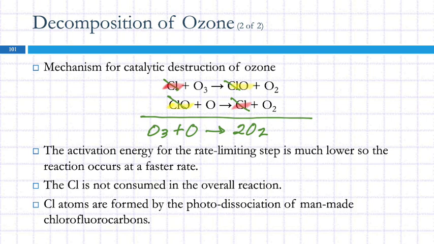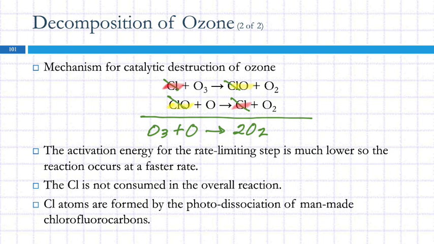And this is one of the things that's going on in the atmosphere. Where do chlorine atoms come from? Well, they come from the photodissociation of man-made chlorofluorocarbons. So these are the things like in Freon. And they get into the upper atmosphere, and the UV light causes them to dissociate.